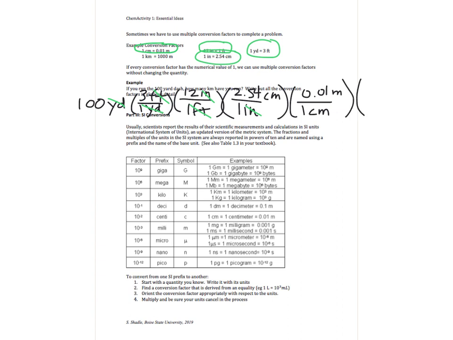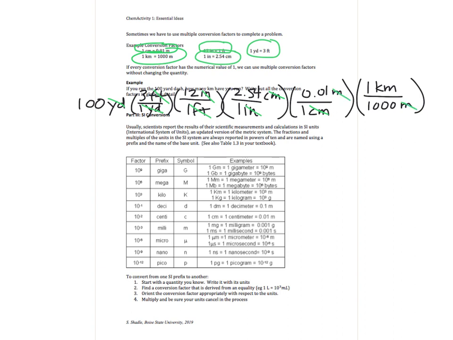And that's going to allow me to cancel out the centimeters. And then I'm going to use my last one here. 1 kilometer equals 1,000 meters. And so I can cancel out my meters.